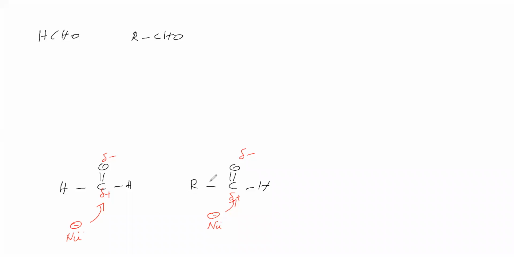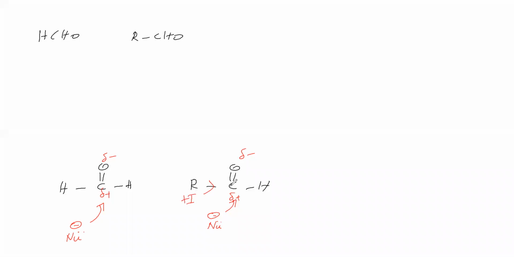Now, this R group shows plus I effect. Due to plus I effect, this R group is donating sigma electron cloud to this carbon.